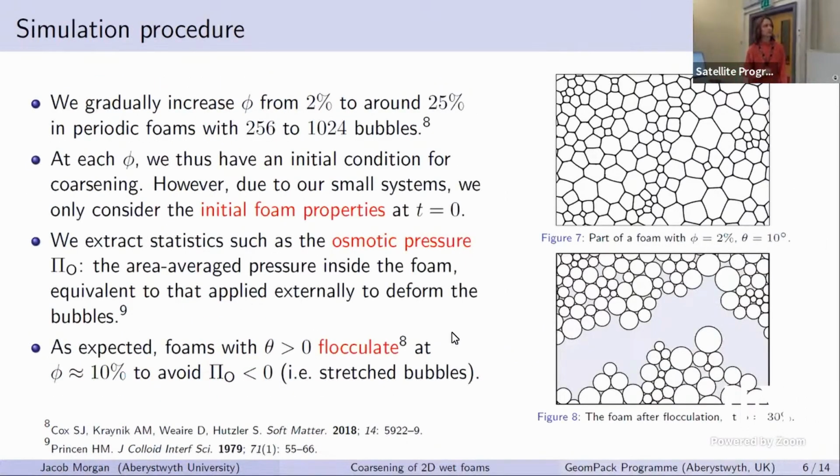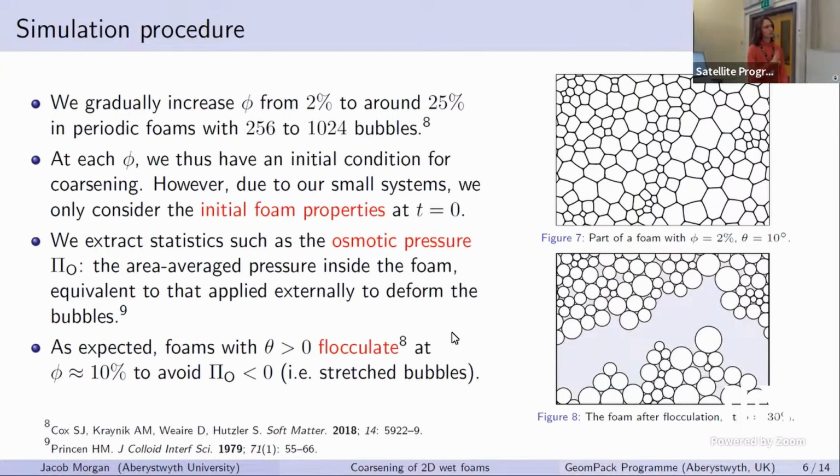So in terms of the approach of the simulations, we follow Cox, Kraynik, Weaire and Hutzler in starting with a very nearly dry foam and then gradually increasing the liquid fraction. Thinking about Princen's thought experiment with the piston, it's a case of decompressing the foam, allowing the liquid to be drawn back into it, and so one goes from something like figure 7 to something like figure 8.